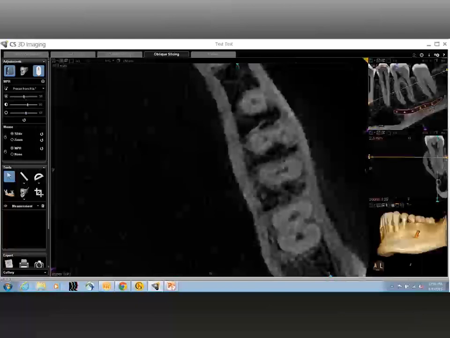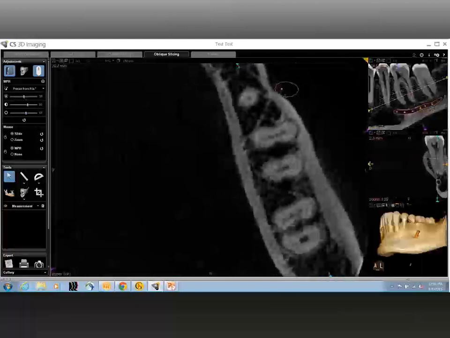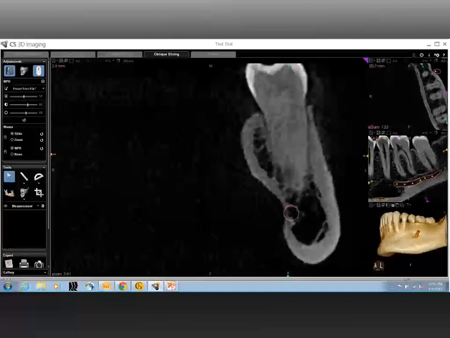If you're looking at the PDL space, you can check for the integrity of the periodontal space, the lamina dura, and any breaks in the lamina dura that you can see in the apical region, which could imply a diseased tooth. So you are able to identify if there are any changes in the shape of the PDL space and the lamina dura and its relationship to other anatomical structures.